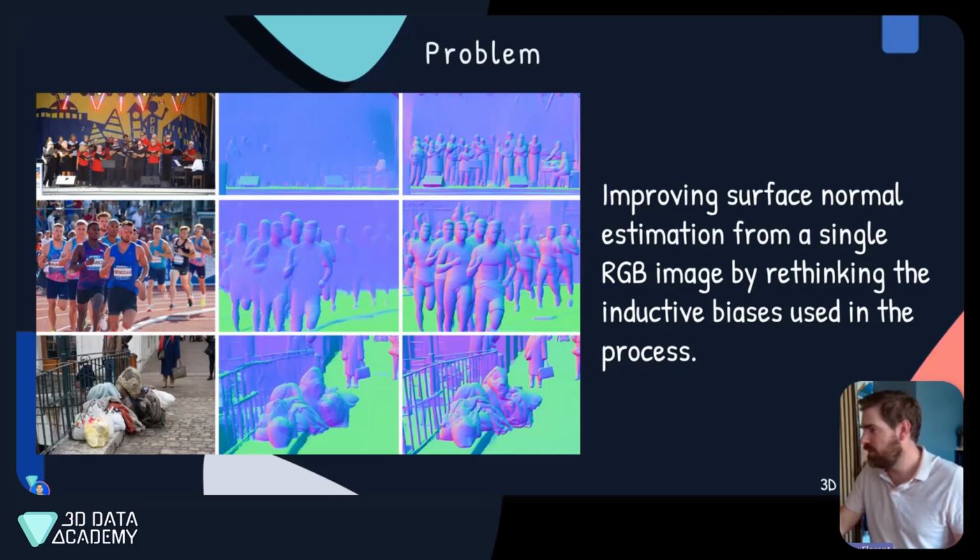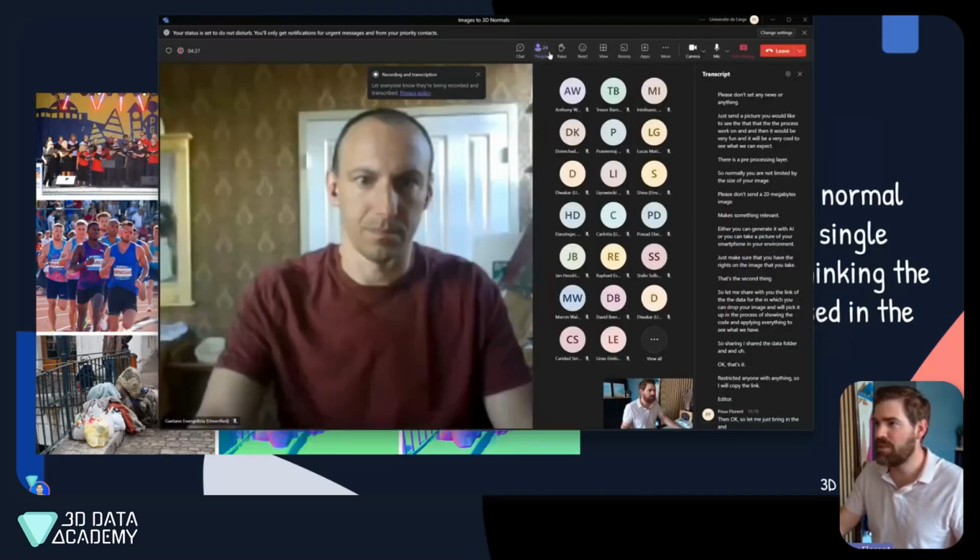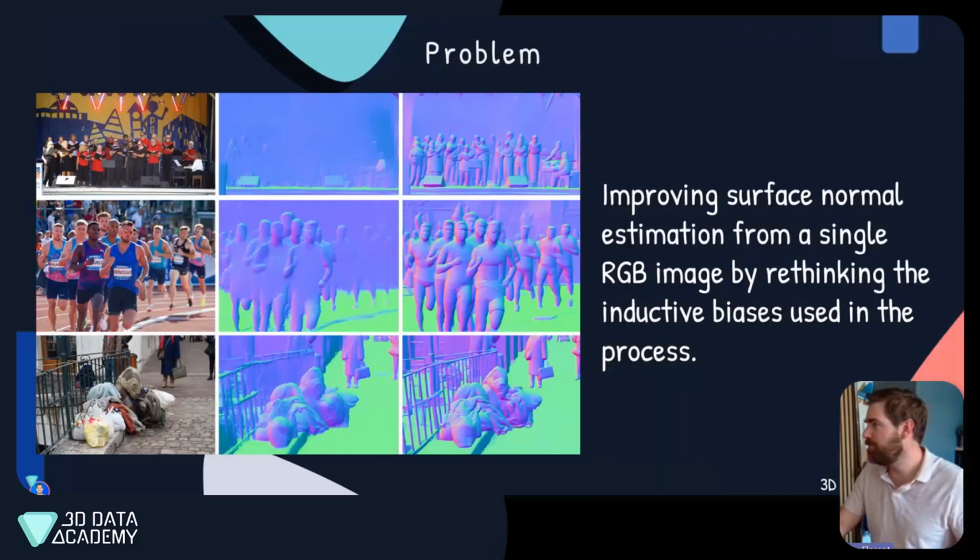Editor. Done. Okay, so let me just bring it in, it's here. I will put it here. And in the chat, you will see the Drive link. All right, so feel free to go there and drop your image there.